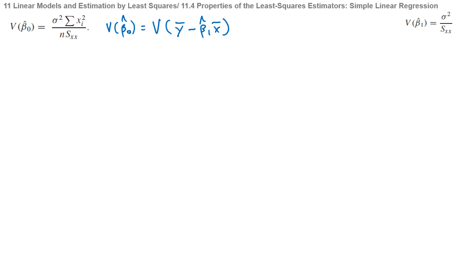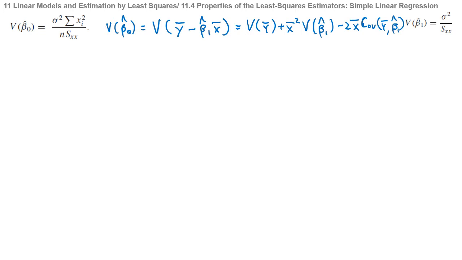So the variance of beta 0 hat is the variance of y bar plus x bar square times the variance of beta 1 hat, minus 2 times x bar times the covariance of y bar and beta 1 hat.